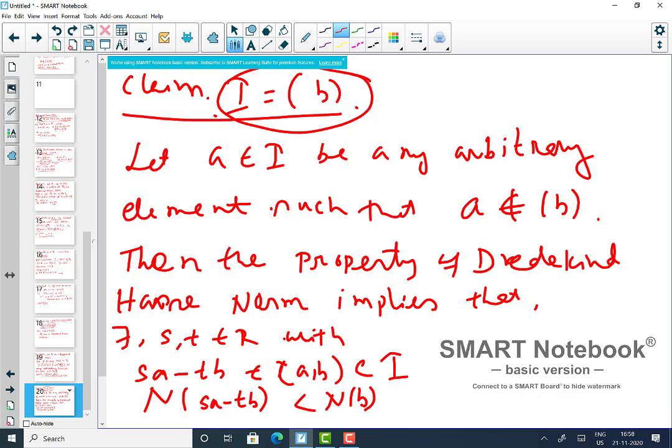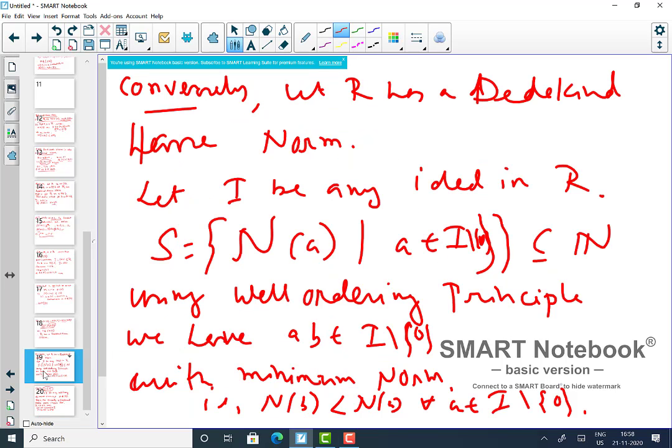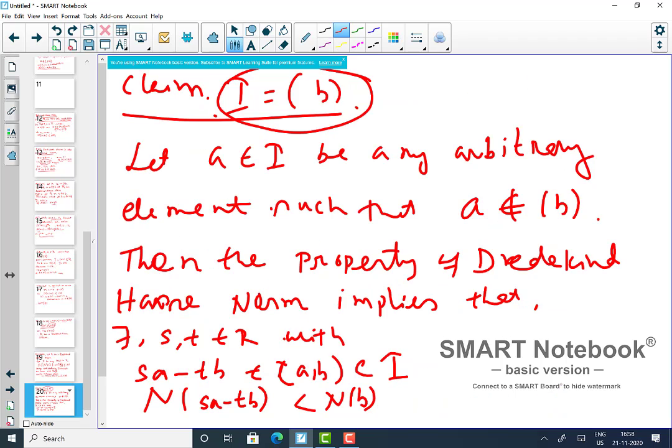But this is a contradiction, because the norm of B is the minimum one. See, the norm of B is the minimum norm, right? So this is a contradiction.